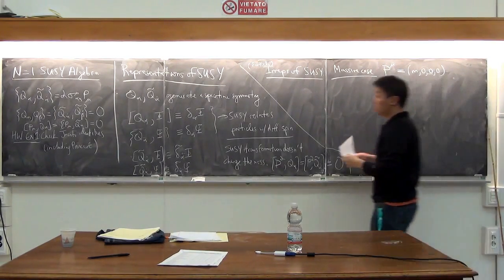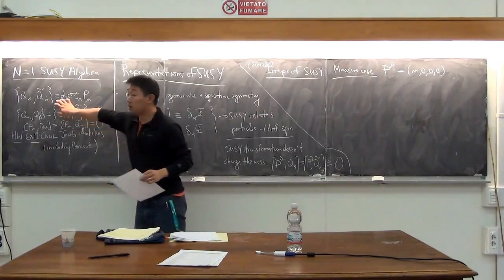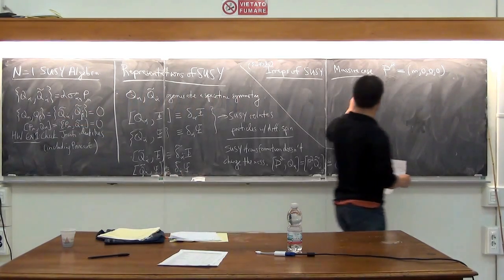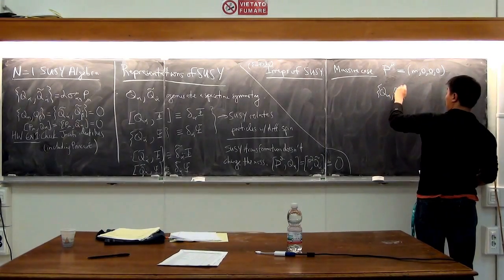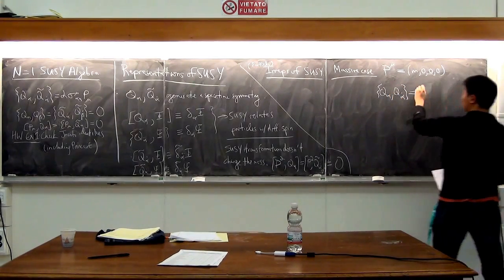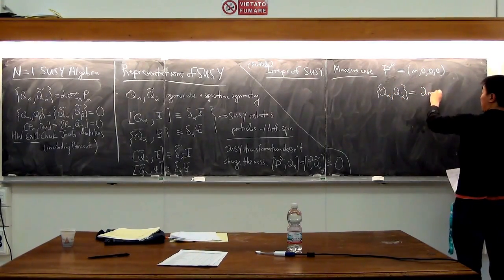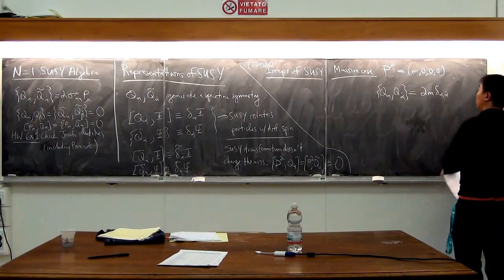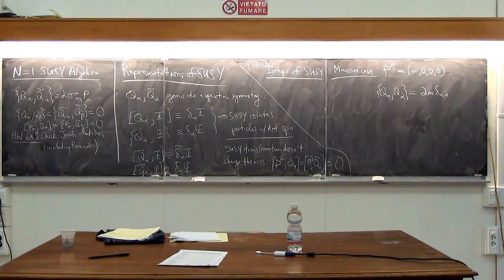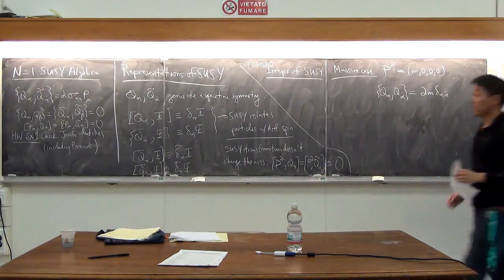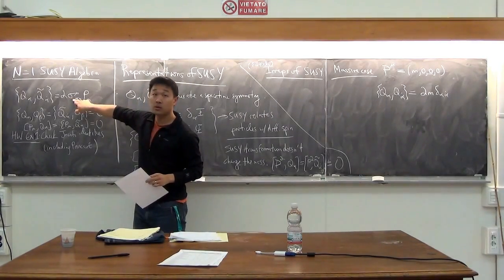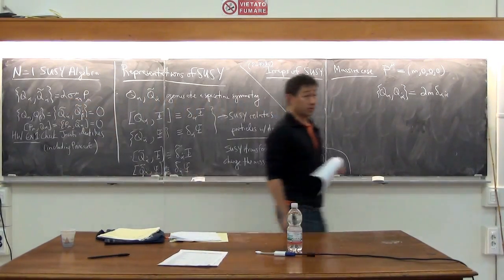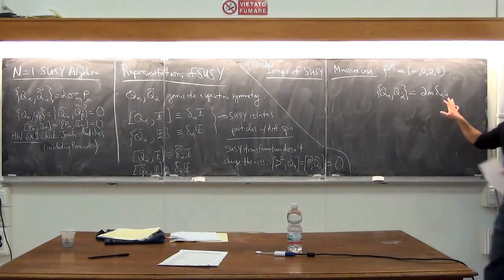And then in the rest frame of this particle, the SUSY algebra just looks like 2m delta alpha alpha dot. In other words, in the rest frame, this just becomes sigma 0, which is just the 2 by 2 identity.